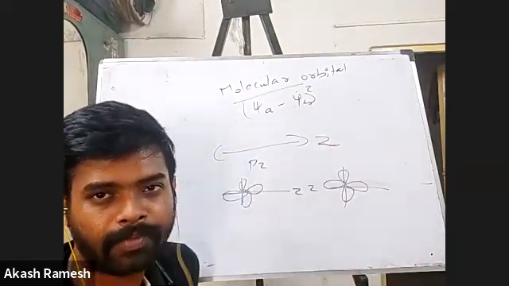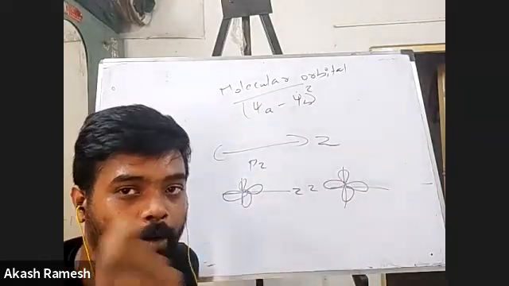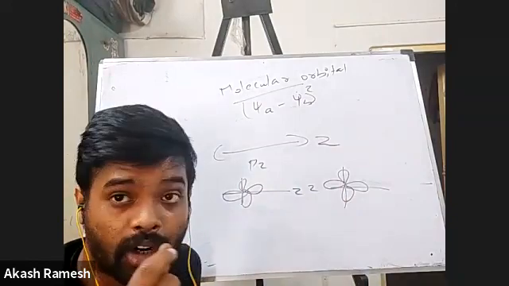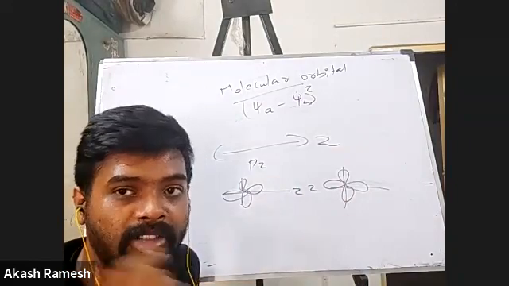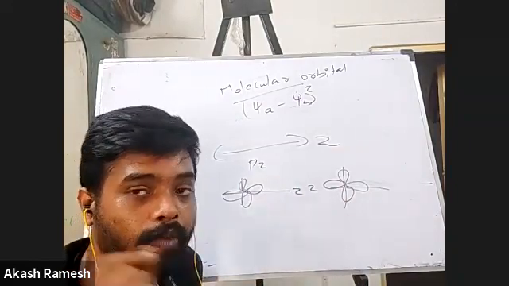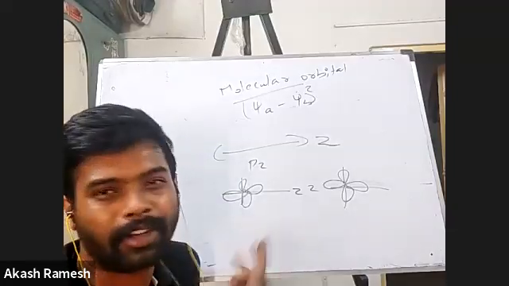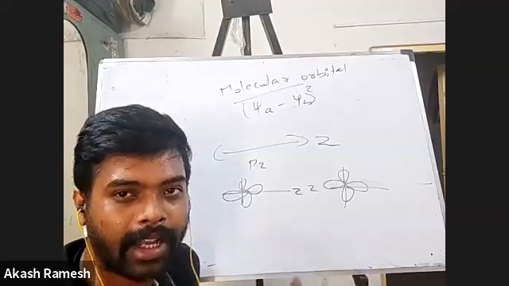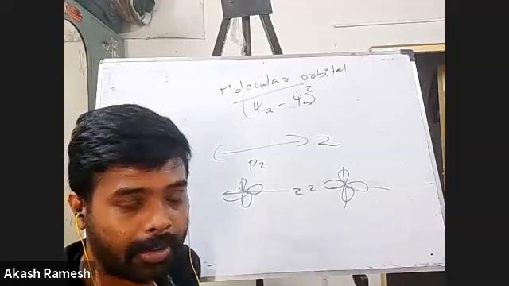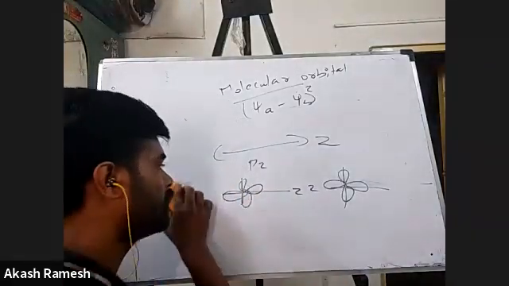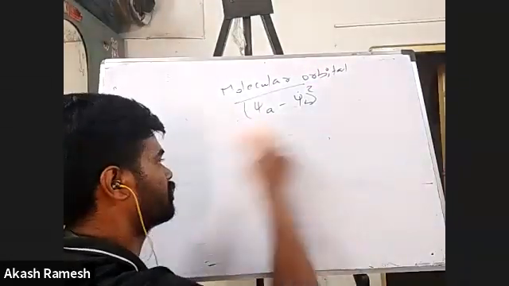So we'll make sure that only pz forms the sigma bond, and px and py form pi bonds. You can keep anything, it's up to you, but everywhere they follow the z-axis as the internuclear axis, and that's why we are also following it. There is no restriction. You can choose whatever you want.